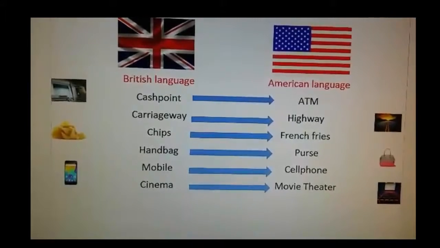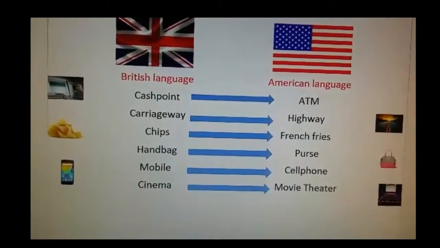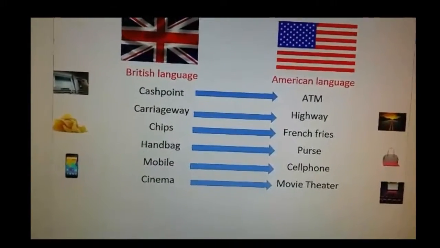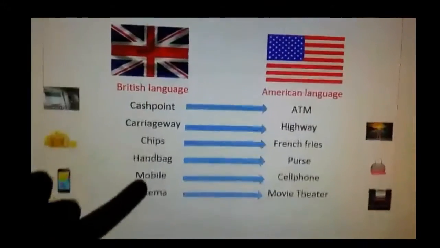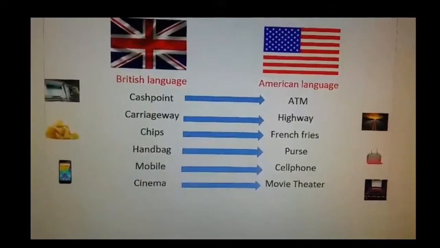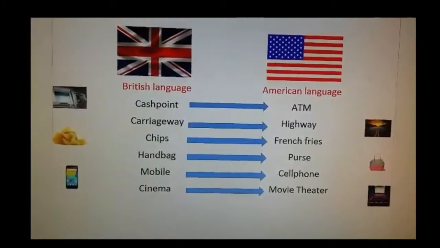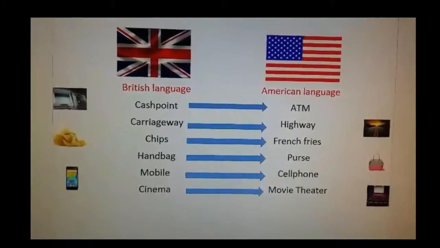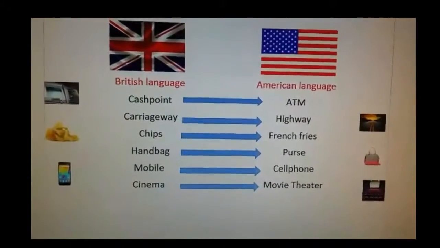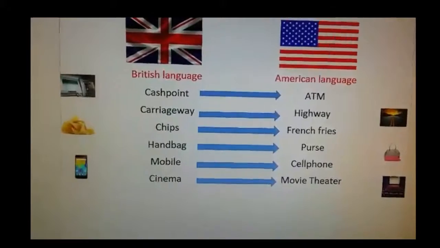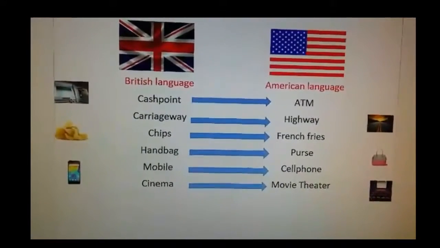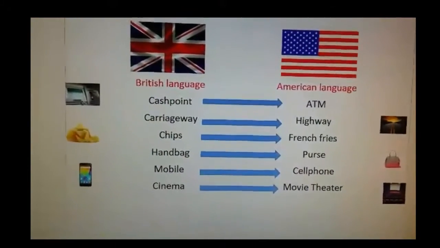This is the table of the words that were used in the conversation example. On the left are the words from British English, and on the right are the words from American English.